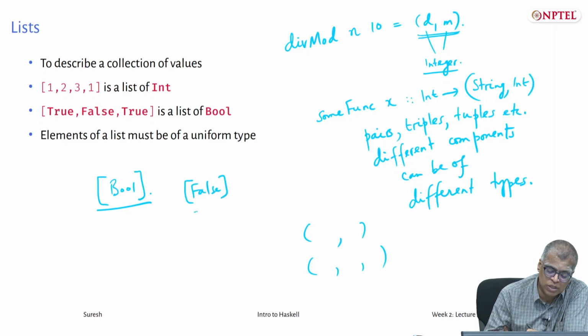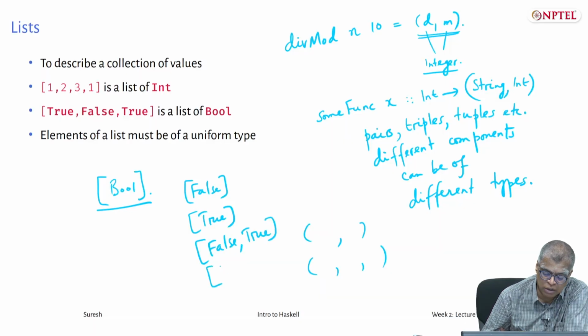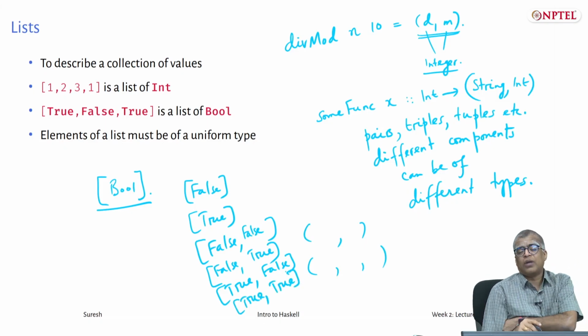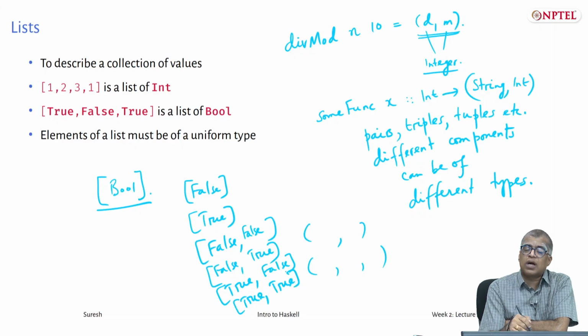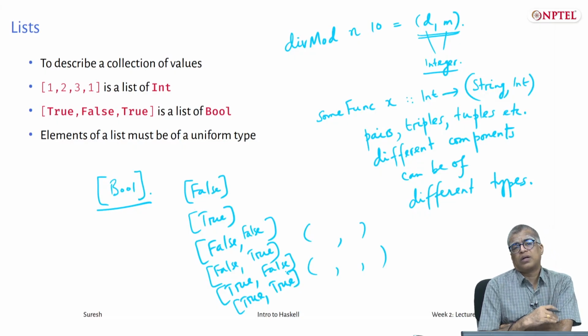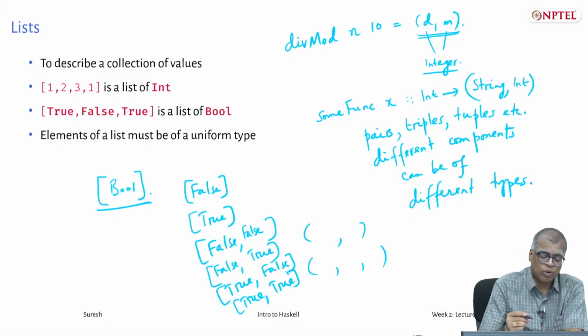The empty list, the list containing false, the list containing true, the list containing false true, the list containing false false, and then on to three element lists and so on. All these are elements of type list of bool. So there is no restriction on the length of the list.